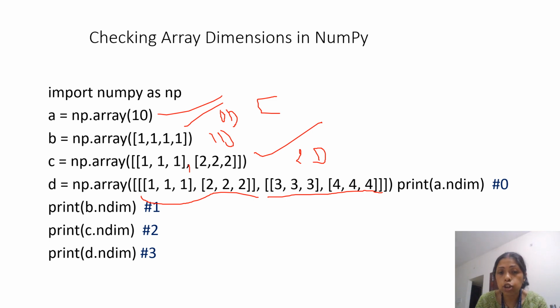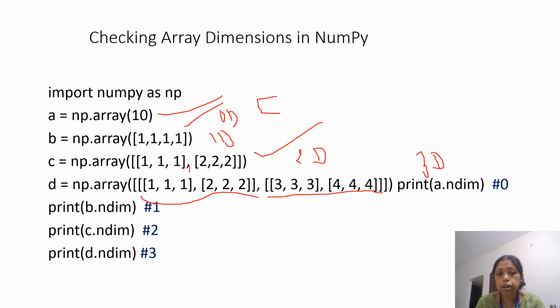And then 3, 3, 3, 4, 4, 4 are written, and for separating one more dimension, again one more square bracket and a comma and one more square bracket. So this is a second dimensional array, comma, again one more second dimensional array, then a square bracket, and after that you put the outer bracket. Like this you have to do it for a three dimensional array. There are some syntax rules and protocols for creating arrays of different dimensions.